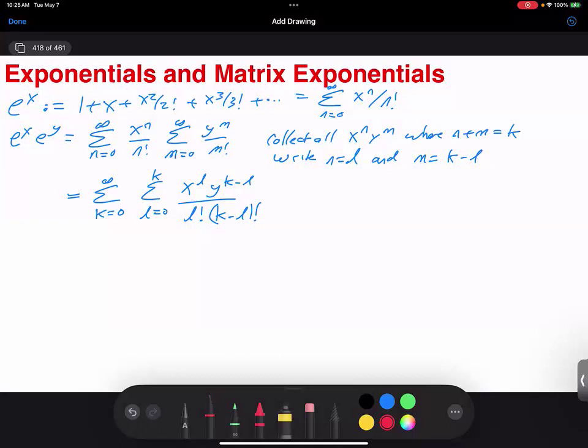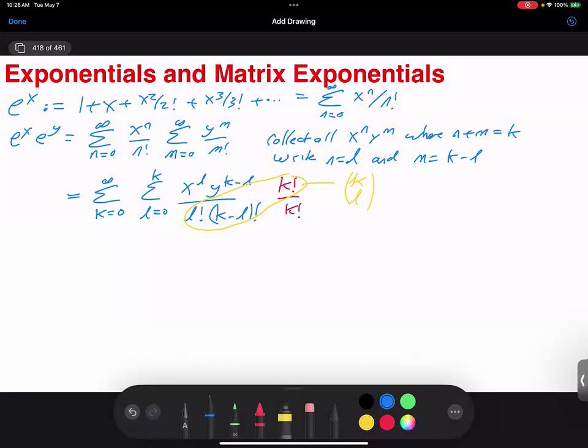What should the numerator be? Not L factorial. K factorial, right? If I put in a k factorial over k factorial, then k factorial over L factorial, k minus L factorial, this is just k choose L.